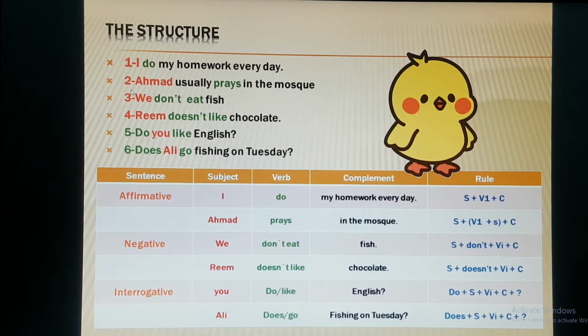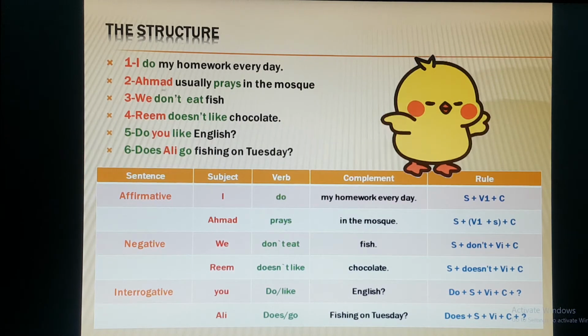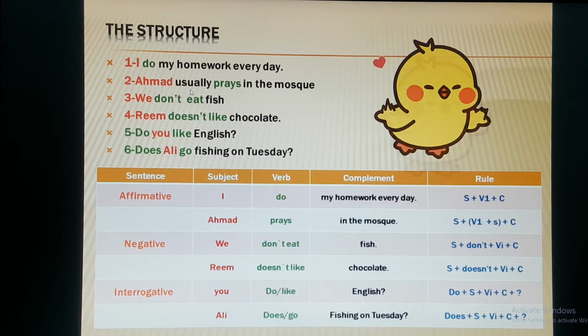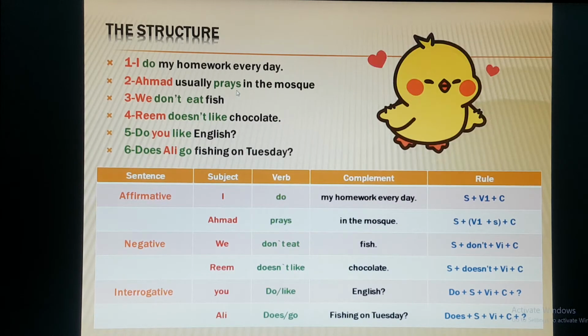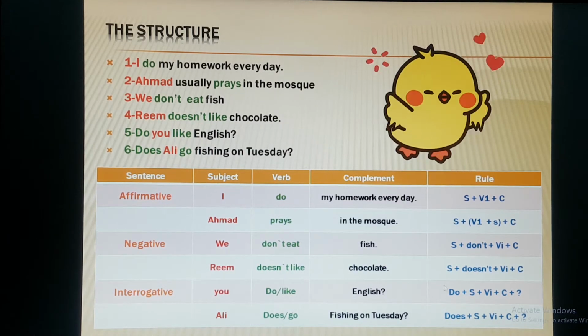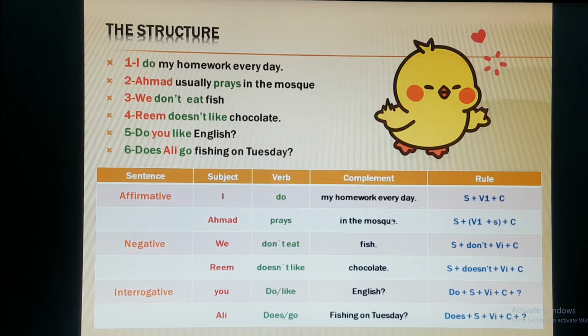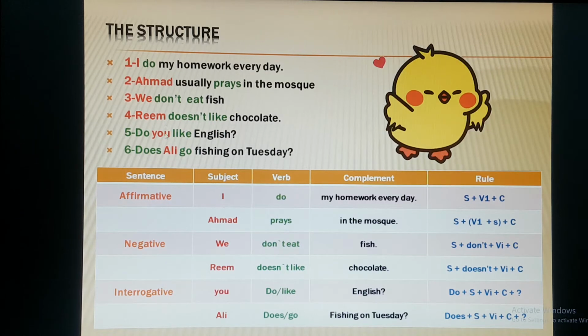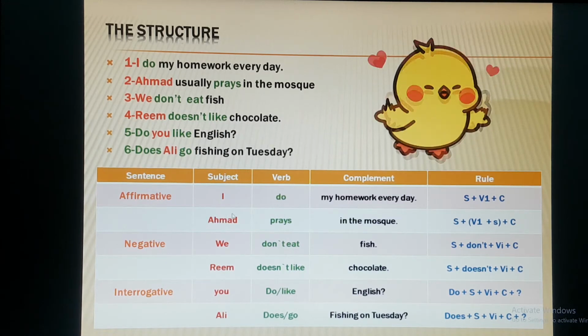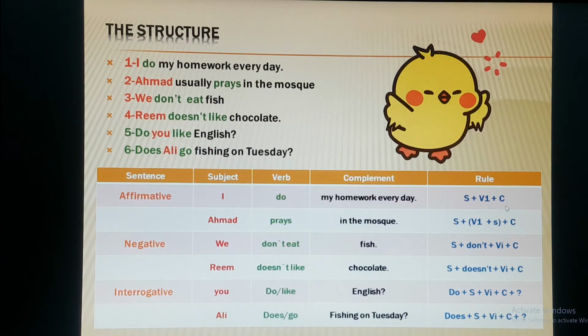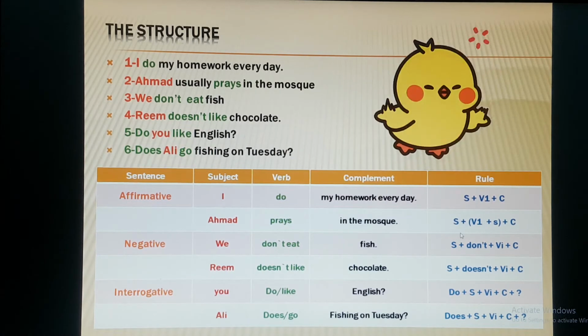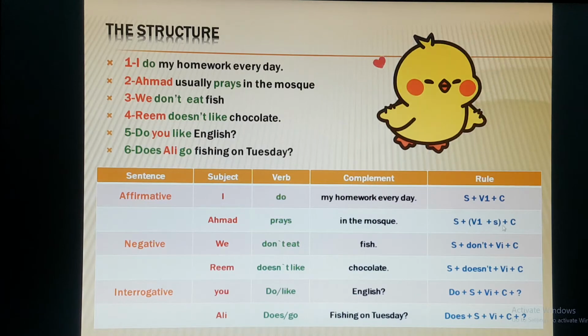In sentence 2, we have Ahmed, subject, prays, verb, in the mosque, complement. So the main rule of sentences 1 and 2, which are affirmative sentences, is subject plus verb 1 plus complement, or subject plus verb 1 plus s plus complement.